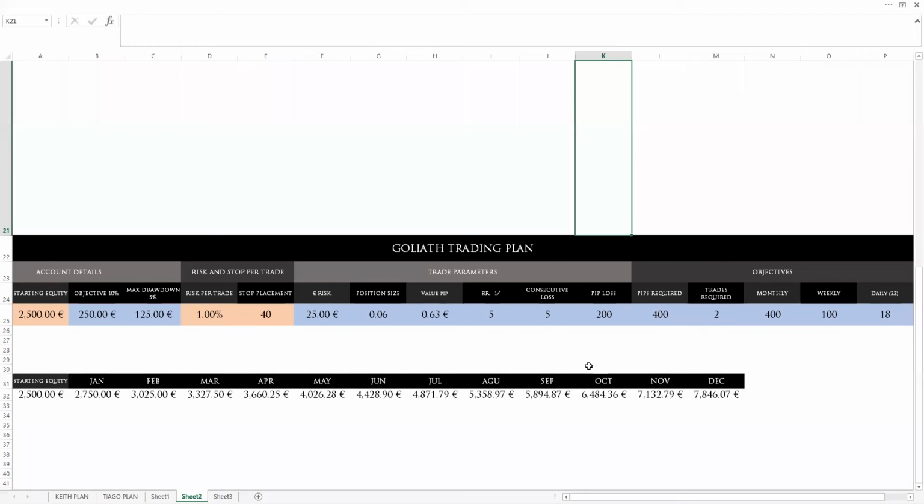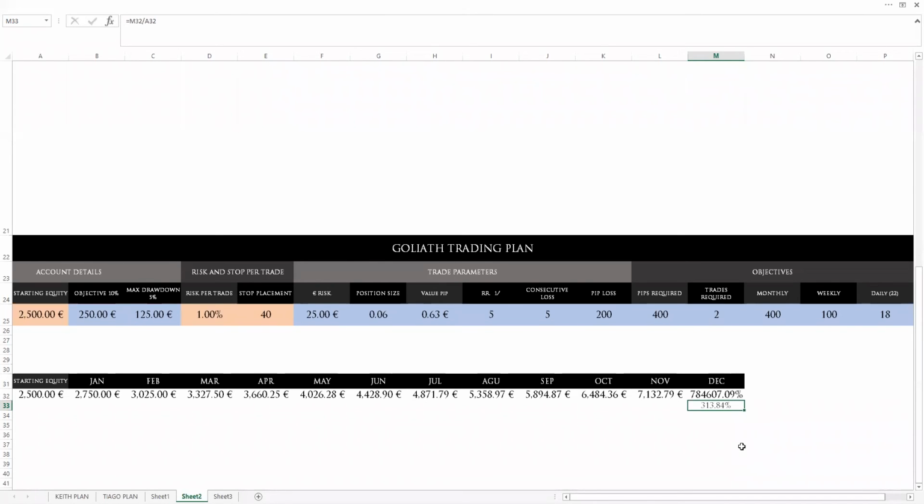Okay, so you see here, I introduced a small chart below. If we're doing 10% a month consistently throughout the year, the 2500 from the start ends up by December to be almost 8,000 euros.